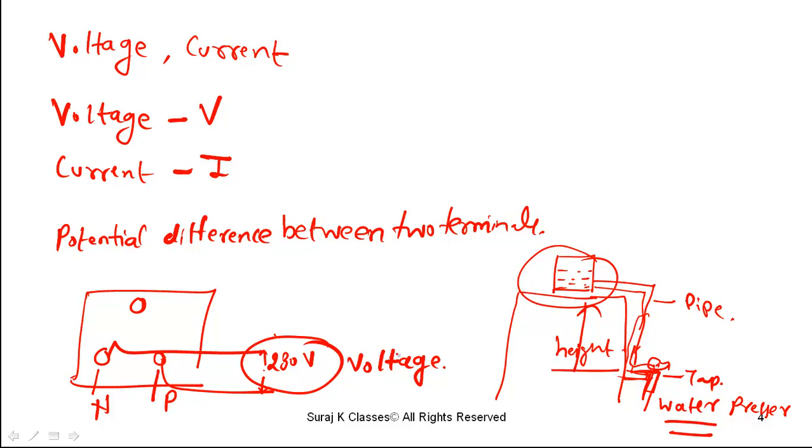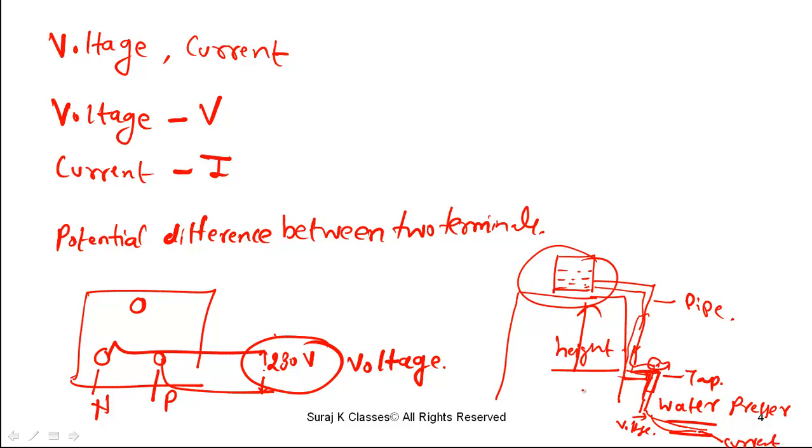We are not going into that much depth, but for now, let's understand the concept. The pressure that you have at the release of water, you can compare it with the voltage. And the water that is actually flowing is nothing but current.